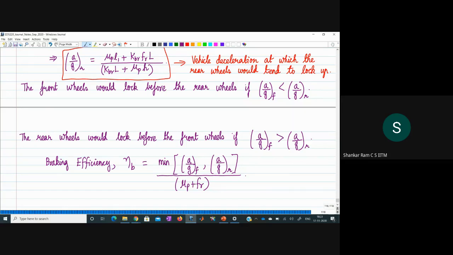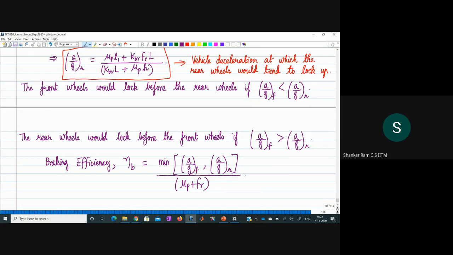So the braking efficiency, as far as the parameter is concerned, what we are saying is that, as we discussed, this value of FR is typically numerically much lower than mu p. Okay, but we can include that. So in the denominator, mu p plus FR is by and large indicative of the maximum vehicle deceleration that we can get during stable braking.